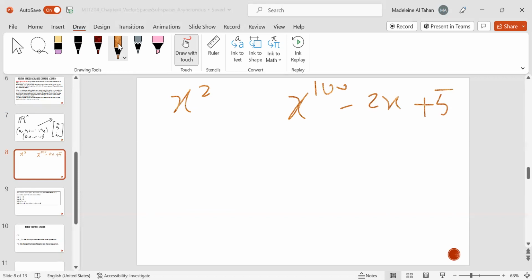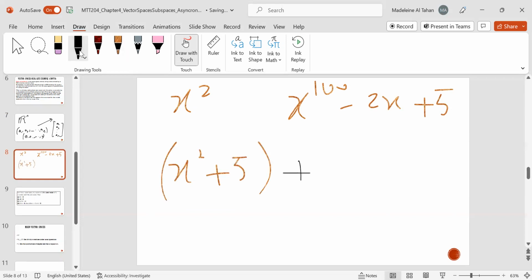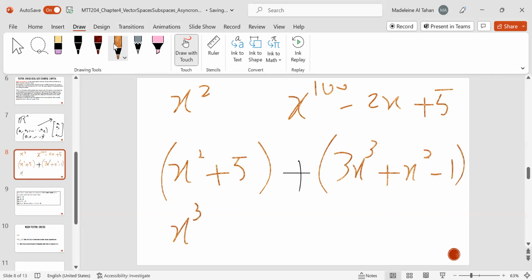How do we add two polynomials? We usually add the coefficients together. Let's say we have x squared plus 5, and we're adding it to 3x cubed plus x squared minus 1. How do we add it? We write x cubed, x squared, and the constant.